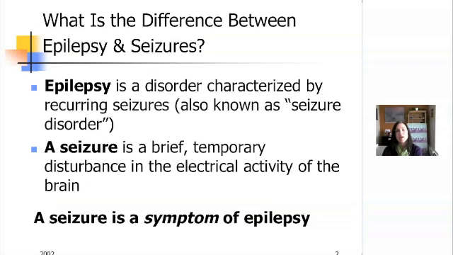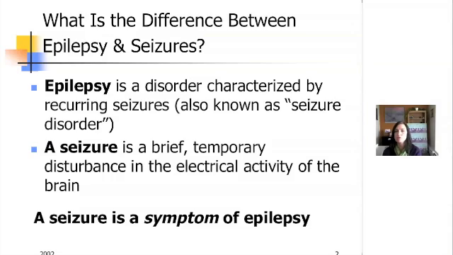Okay, so what is the difference between epilepsy and seizures? There's actually really no difference, except that epilepsy is where there are recurring seizures. And you'll also hear people call it a seizure disorder, and those terms are actually interchangeable.